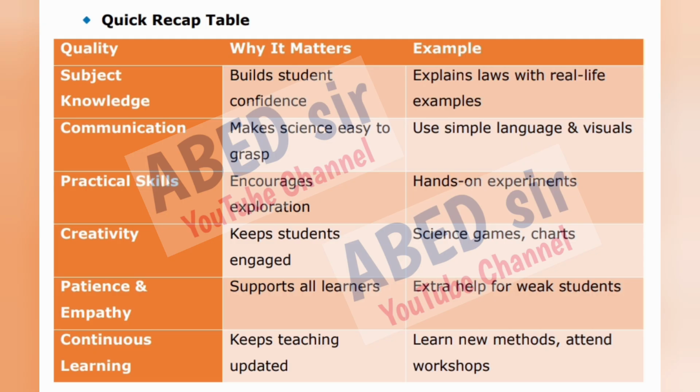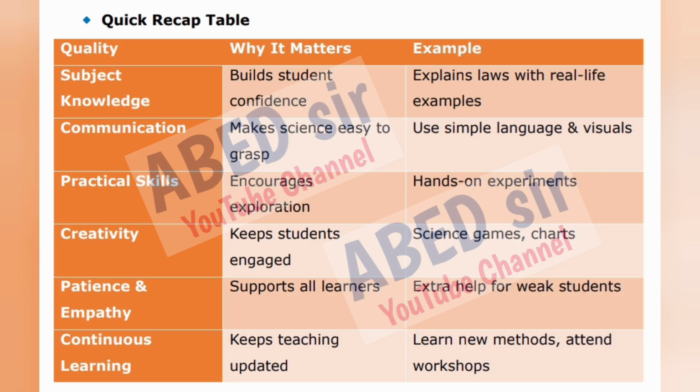Quick recap table. Quality, why it matters, example. Subject knowledge builds student confidence: explains laws with real-life examples. Communication makes science easy to grasp: use simple language and visuals. Practical skills encourage exploration: hands-on experiments. Creativity keeps students engaged: science games, charts.